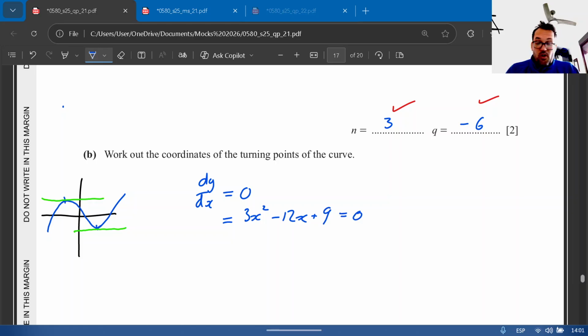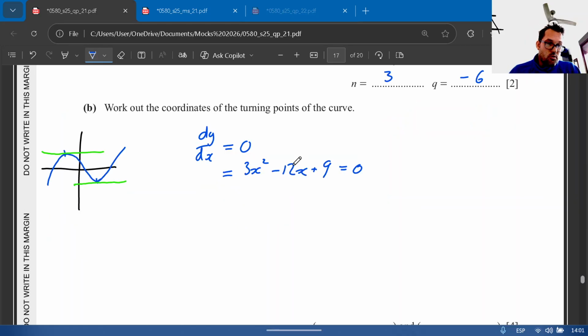So we need to find two turning points from here. A point, of course, has got an x and a y value. First thing we can do is divide everything by 3. So that will give us x squared minus 4x plus 3 equals 0.